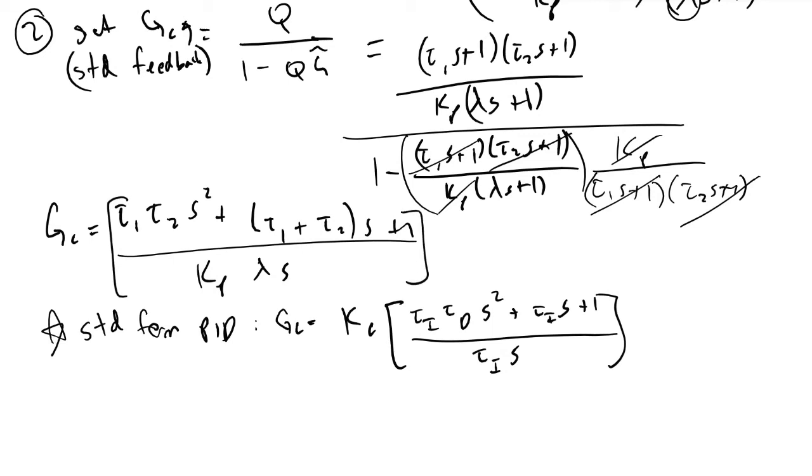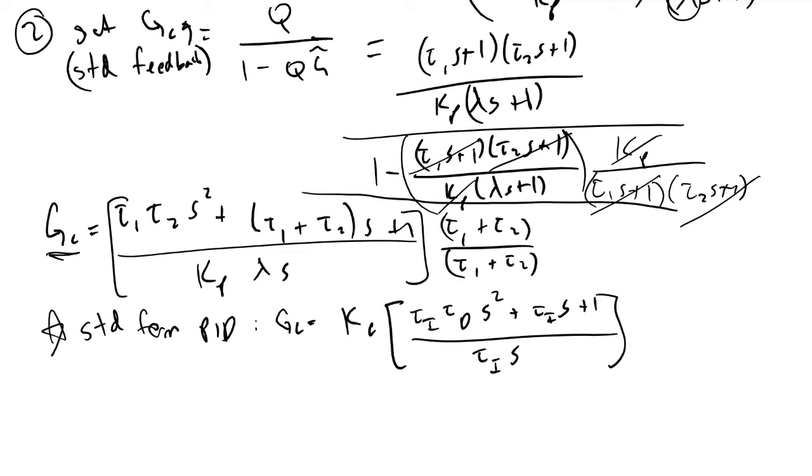What we do is multiply this GC term we've just found by the quantity tau 1 plus tau 2 over tau 1 plus tau 2, a fancy 1.